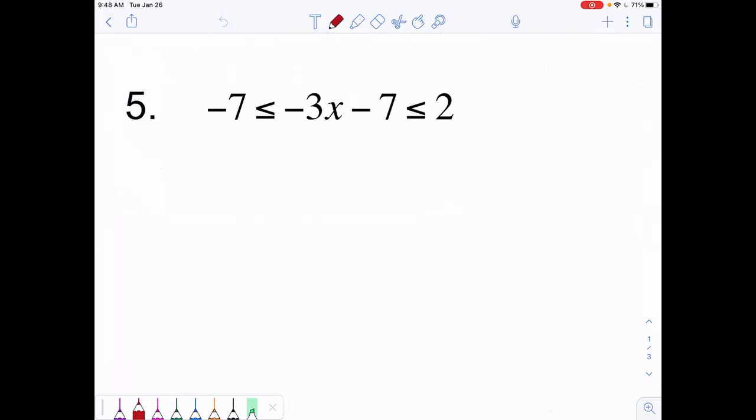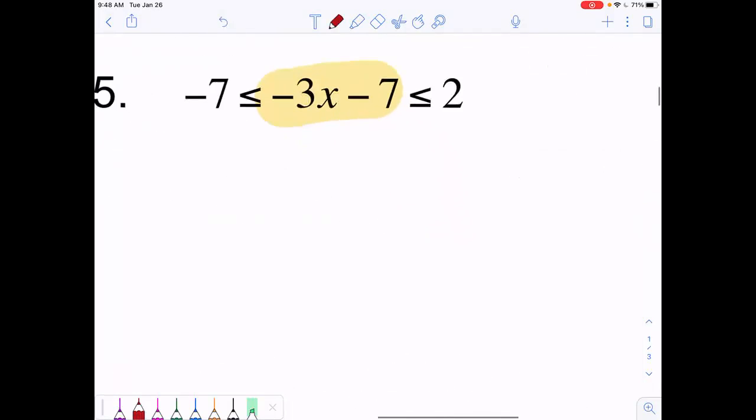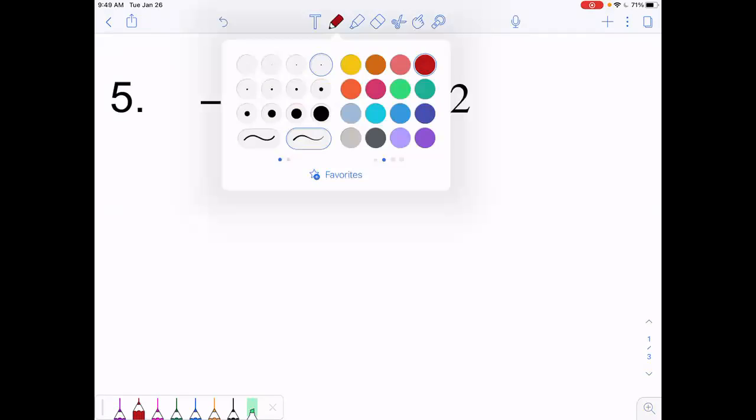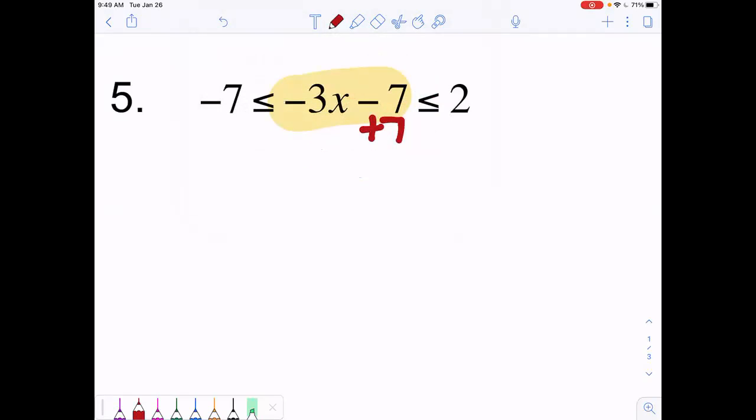So Peyton, if I look at number 5, right here is where x is in the middle. What would you do first to get x by itself? I'm on number 5. That's all right. Right, add 7. And when you add 7, you want to add 7 to each side of the inequality symbol.